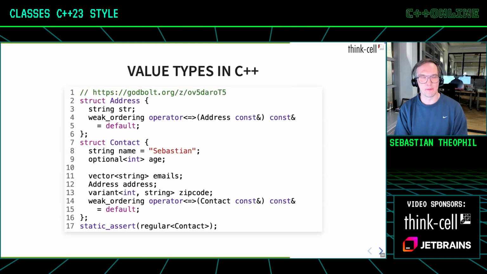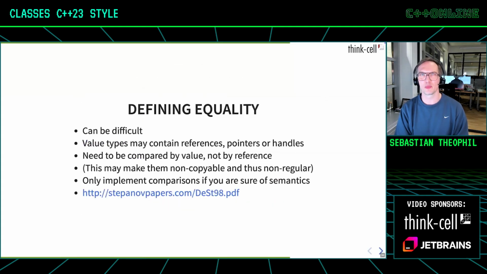So this is all great if the default spaceship operator does the right thing. Then let it be auto-generated. In general, defining equality can be surprisingly complicated, or defining an order over your types.